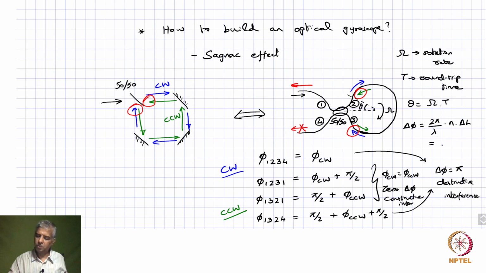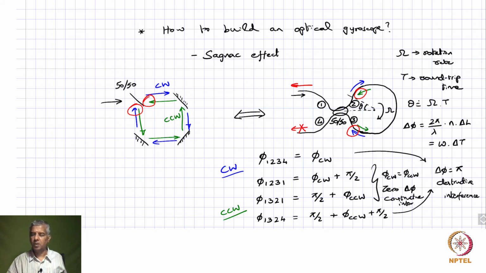If you do this, then you can show that this corresponds to omega times delta t, where omega is the angular frequency of the light that's propagating, and delta t corresponds to the difference in the round trip time for the clockwise and counterclockwise waves, which is because of this rotation.